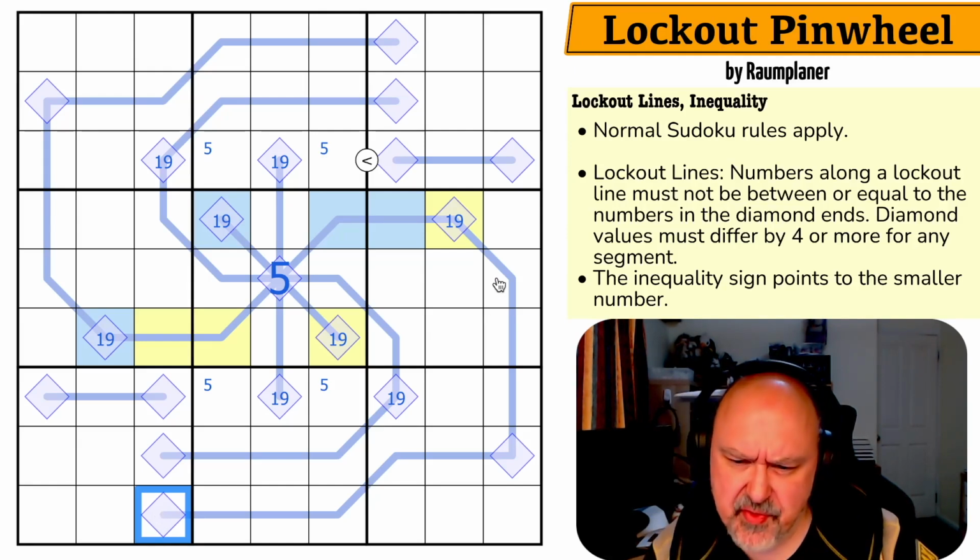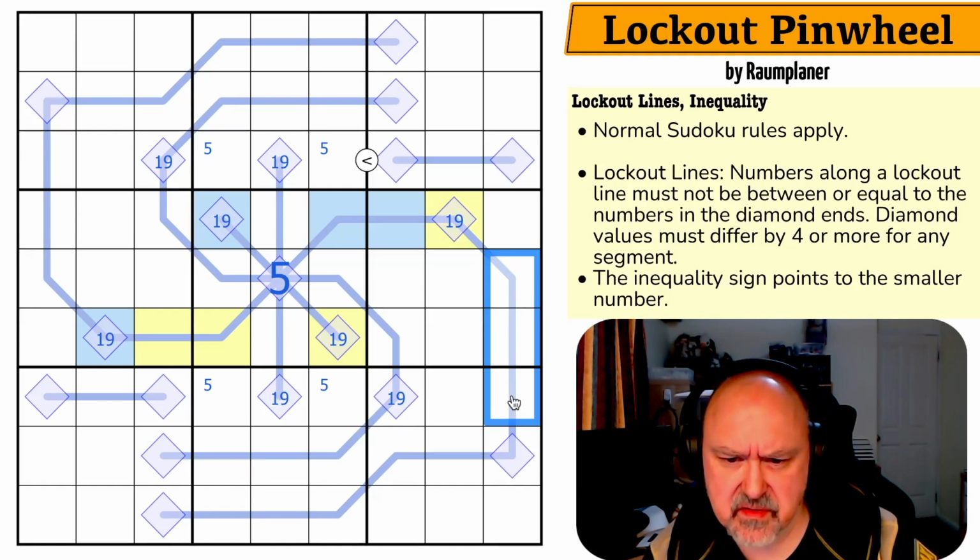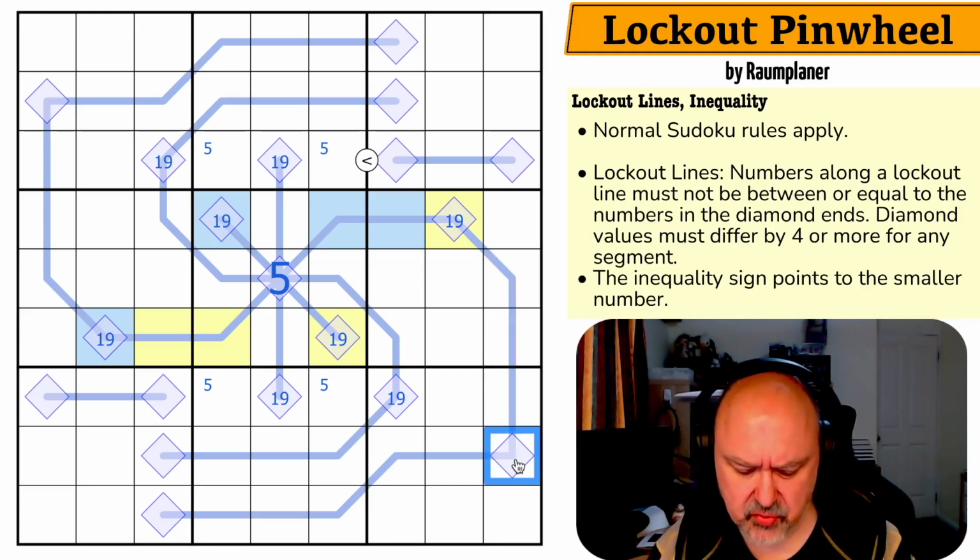I need to have 3 digits on here. So if this was a 1, I need to lock out at least 9, 8, and 7. So this has to be 4, 5, or 6, surely.